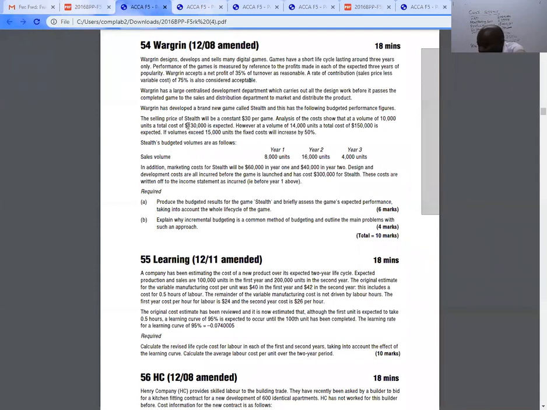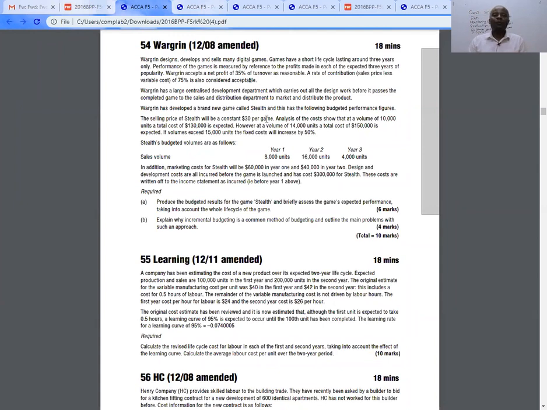However, at a volume of 14,000 units, a total cost of 150,000 is expected. So he has given me two activity levels. Whenever he gives me two activity levels, what does he expect me to do? To use the high-low method to decompose the total cost into variable and fixed cost.